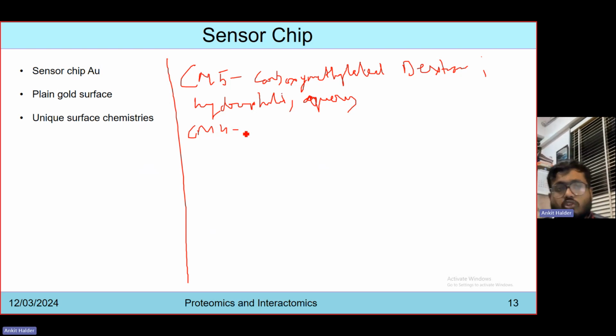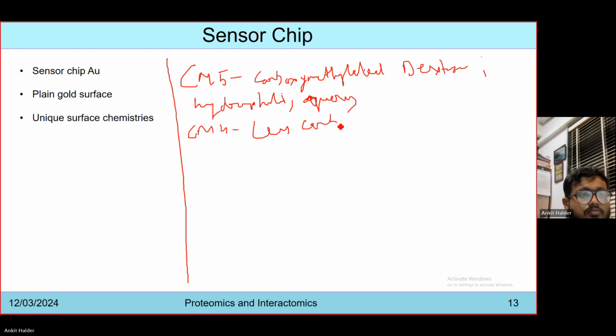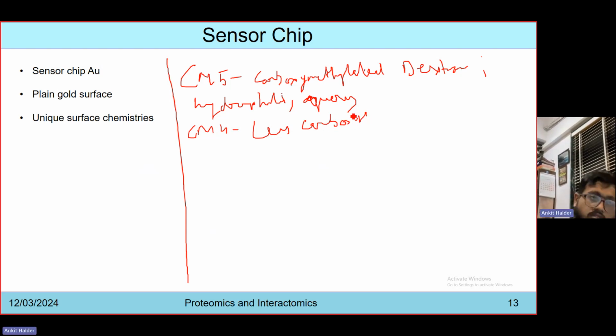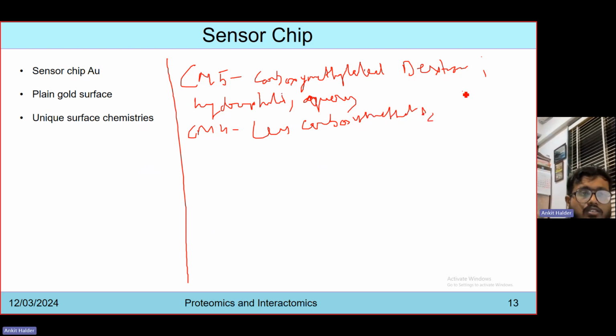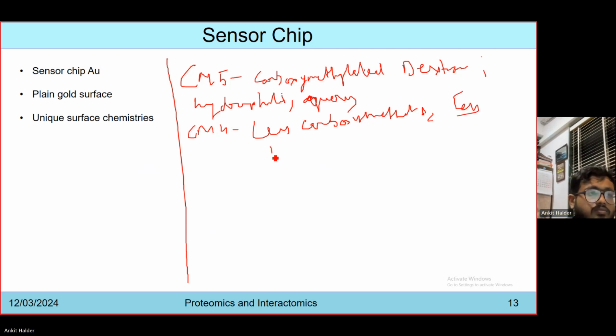Next is the CM4, which is less carboxylated, less negatively charged.